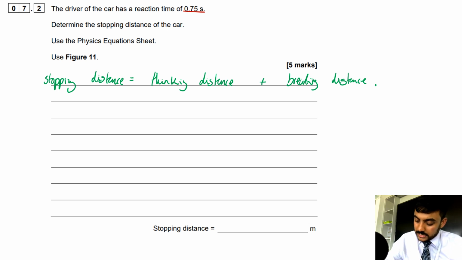So this contains accelerations. The first one contains just speed, distance, and time. So the car starts off at a velocity of 26 meters per second and goes down to 0.